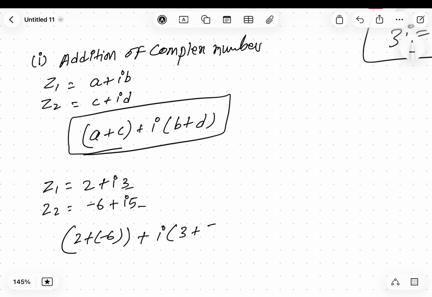So 3 plus 5 equals 8, and 2 plus minus 6 is minus 4, so minus 4 plus 8i. So this is the answer.